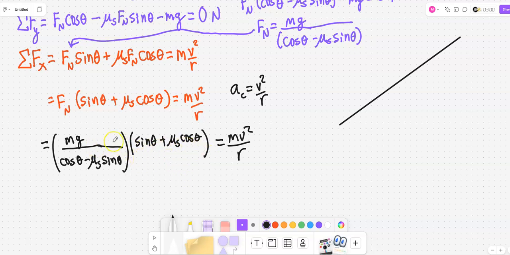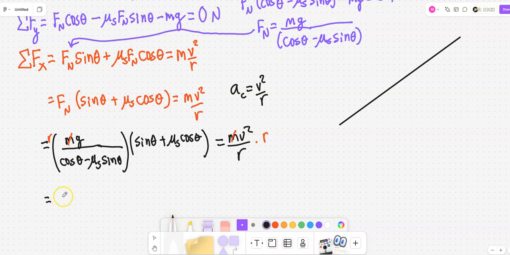Alright, so what can we do here? Well, since this is multiplied, a, b, c, we should be able to cancel out the mass. That's important. And we don't want the radius down here at the bottom, so I'm going to multiply both sides times r. And let me rewrite this again.